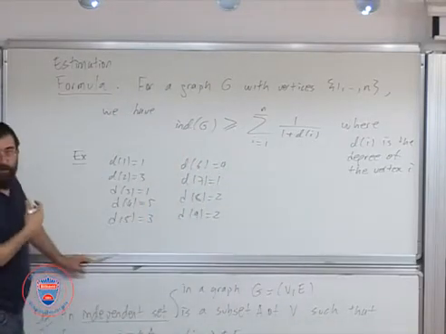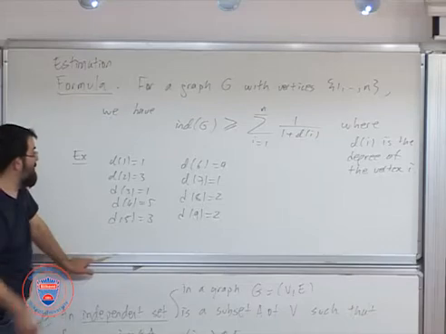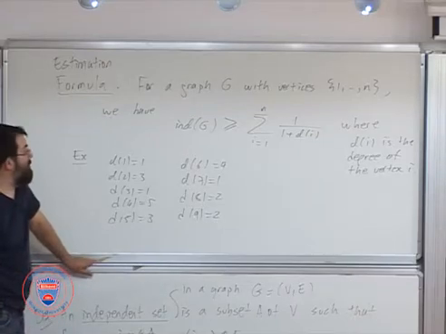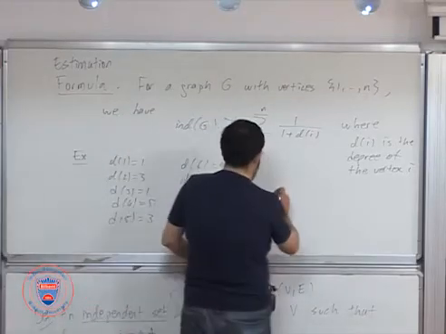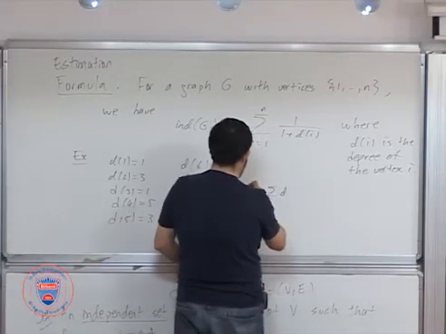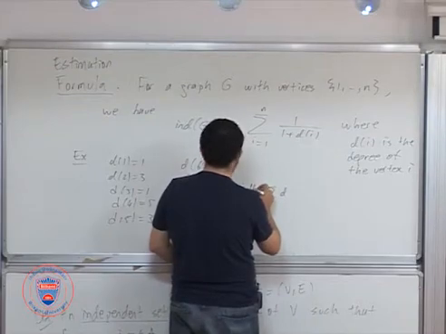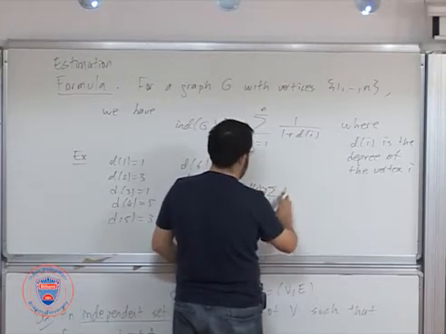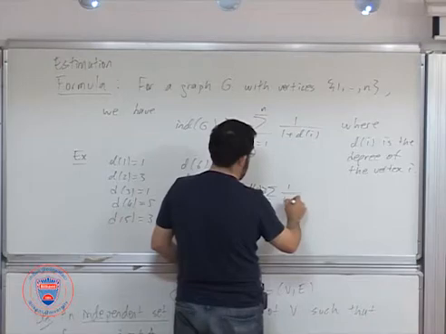So you add 1 to these, take 1 over each, and add them up, and you get a lower bound for your independence number. As I said, this can sometimes be much smaller than what you want to find.